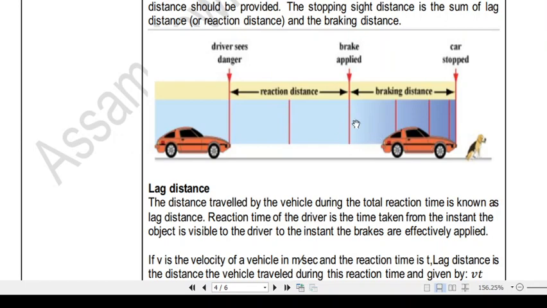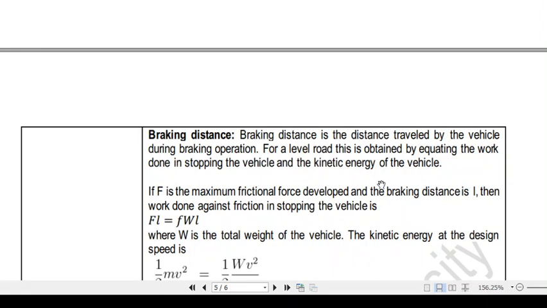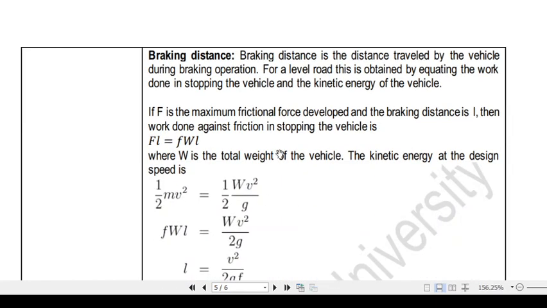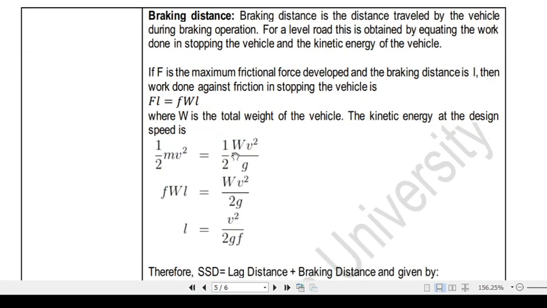So the kinetic energy is lost. The total kinetic energy would be half into W into v square divided by g, where W is the weight of the vehicle, v is the speed of the vehicle and g is gravitational acceleration.